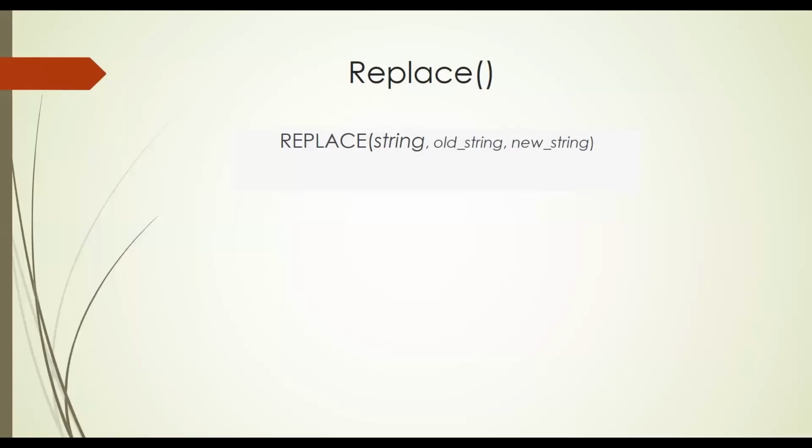The next function is replace function. The replace function replaces all occurrences of a substring within a string with a new substring. So for the syntax of the replace function, 3 parameters are required: the first is string, then old string and then new string. So let's see.